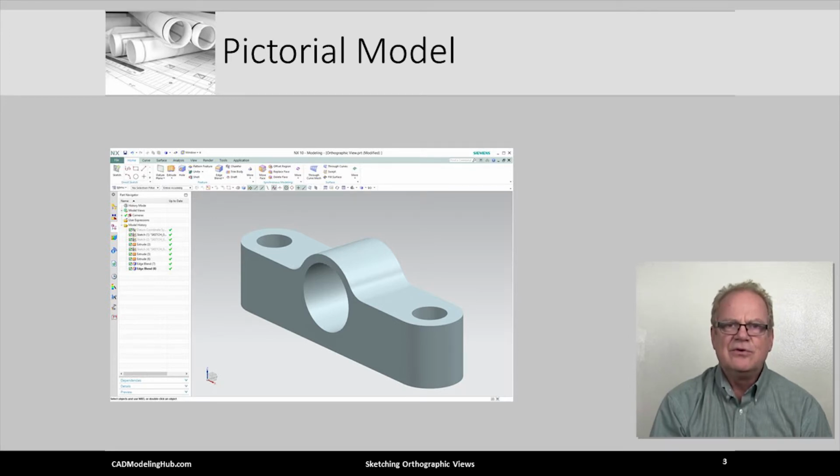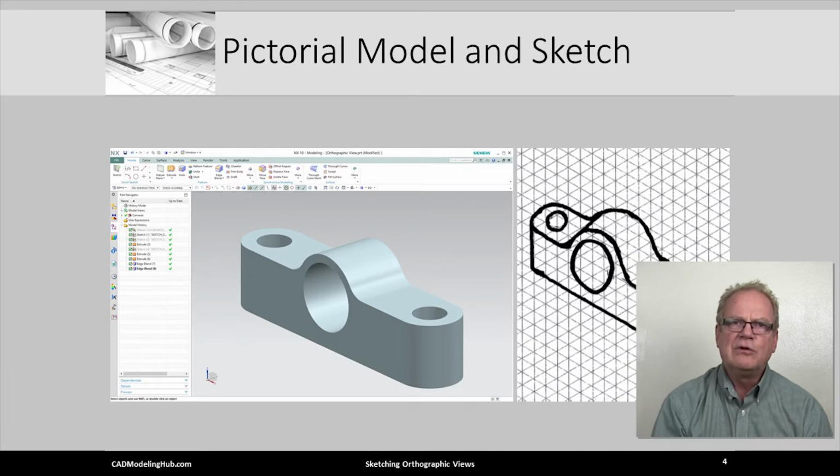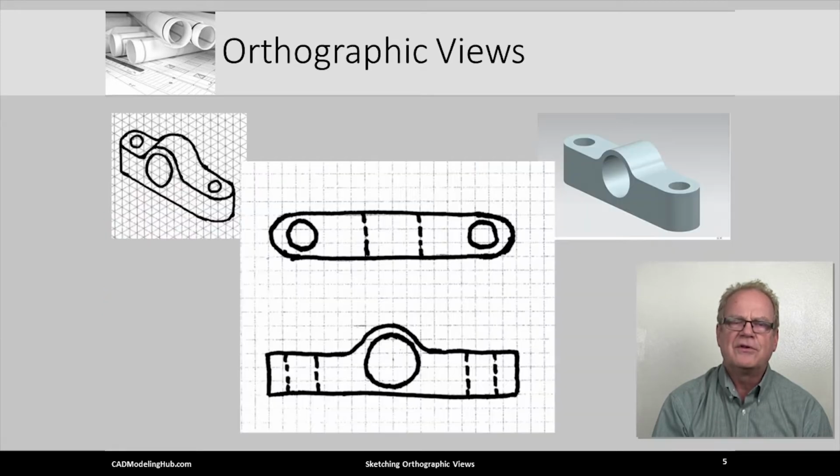In this video, our focus is on the creation of 2D orthographic sketches while looking at 3D parts and/or images oriented in a pictorial way. Here are two orthographic sketches. The bottom sketch is the front orthographic view. The upper sketch is the top orthographic view.